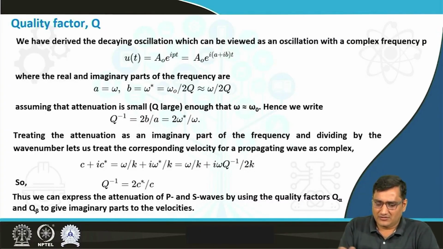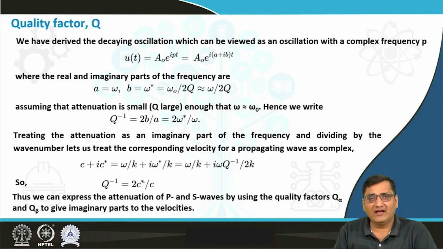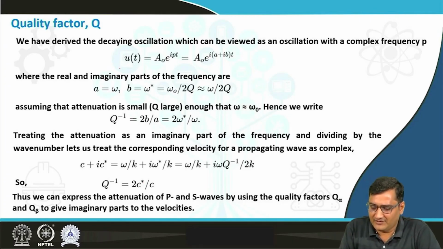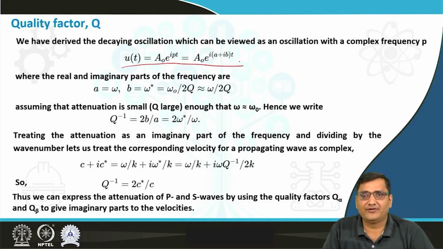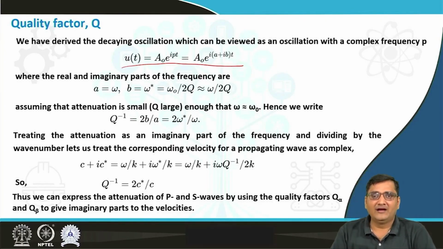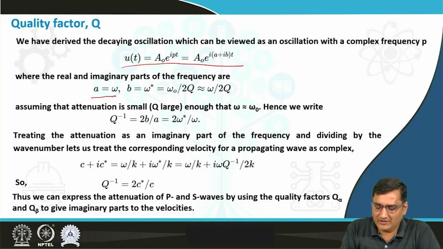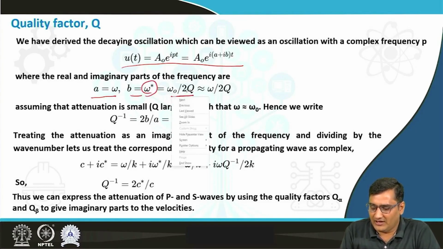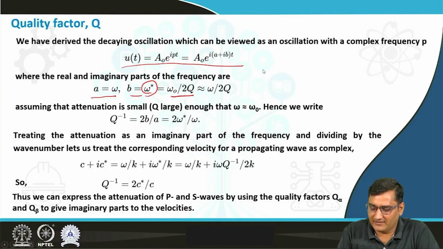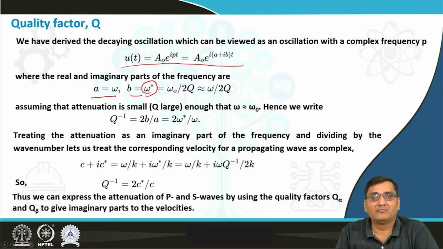So we have derived the decaying oscillation that was given by this particular expression of the displacement where p is equal to a plus iota b, and we also saw that a is equal to omega and b is equal to omega star. This omega star is basically nothing but omega naught by 2q, and since we are considering that a is equal to omega and omega naught is equal to omega, for the attenuation being very small, that means Q is very large.